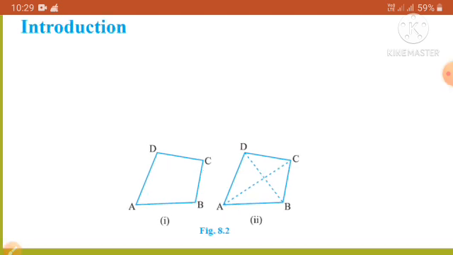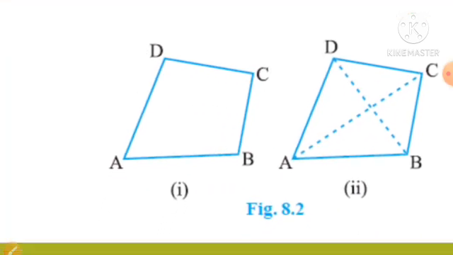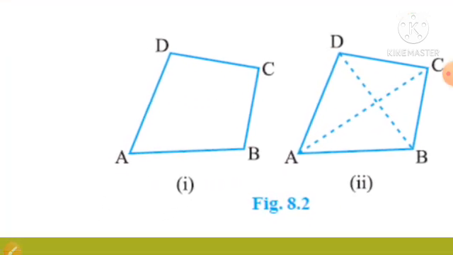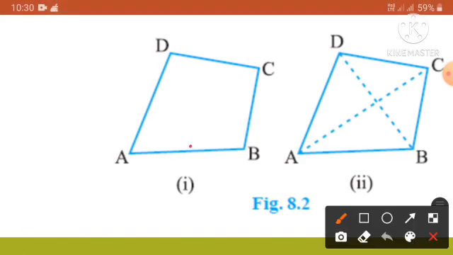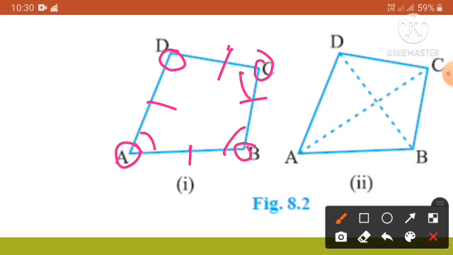Now in quadrilateral ABCD, AB, BC, CD and DA are the 4 sides. A, B, C and D are the 4 vertices, and angle A, angle B, angle C, angle D are the 4 angles formed at the vertices.